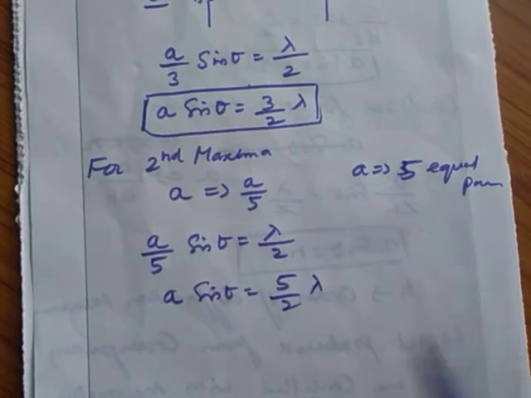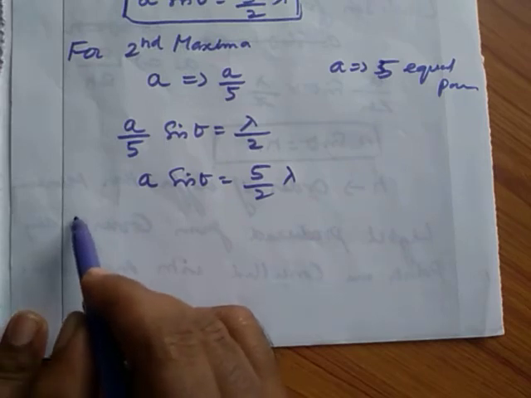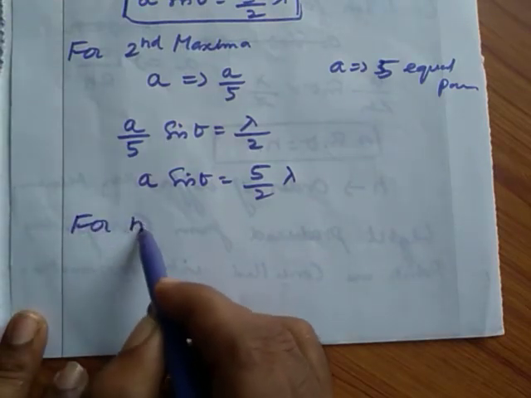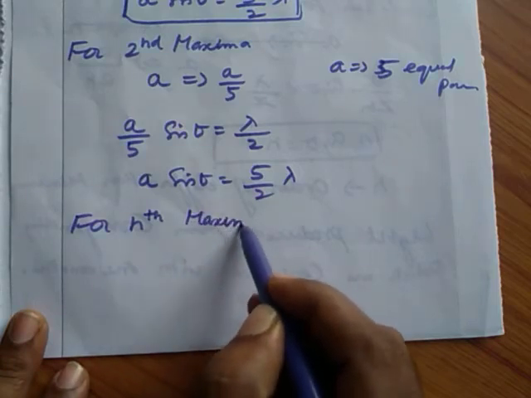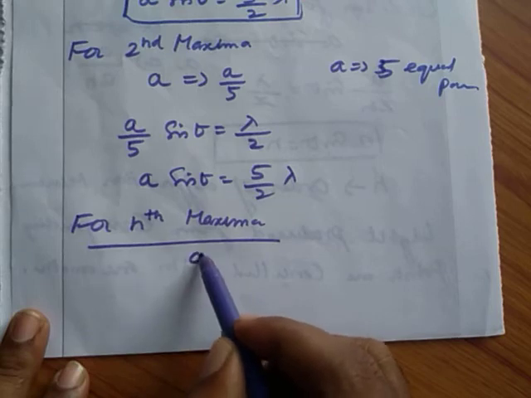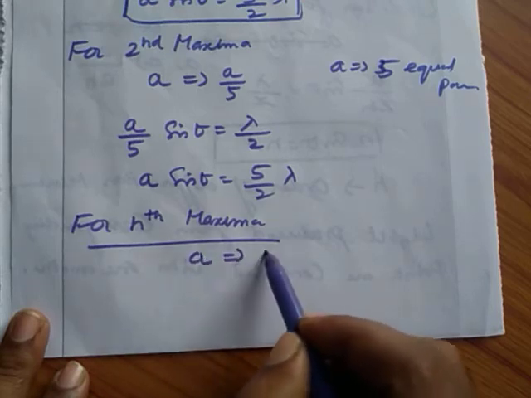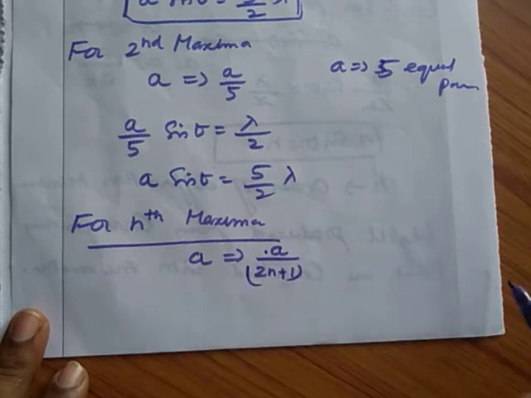Then the condition for nth maxima. Therefore I am dividing a as a by 2n plus 1.